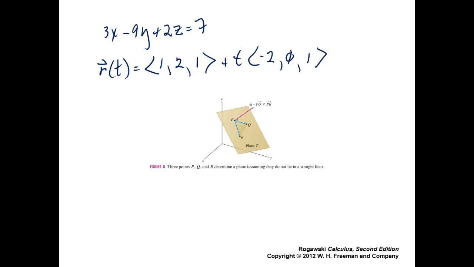Okay? Find the point P. We're looking for some point P where that plane and that line intersect.